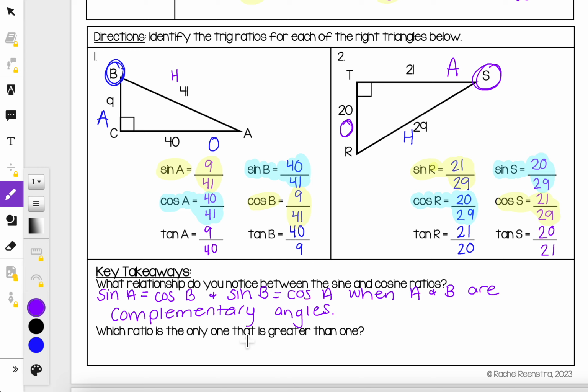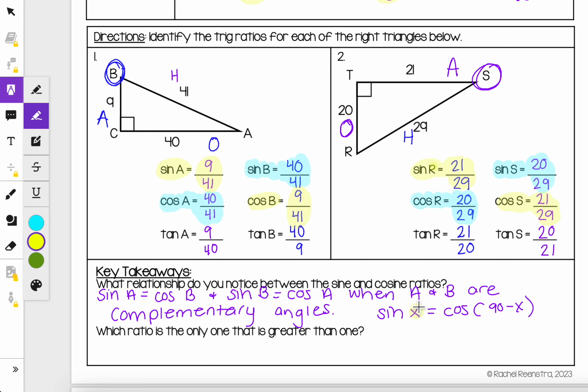Okay, so if you have two angles, A and B, that are complements of each other, the sine of A is going to be equal to the cosine of B. Sometimes we see that written as the sine of X equals the cosine of 90 minus X, because this right here tells us that those angles are complements of each other. That's a good pattern that you want to recognize.